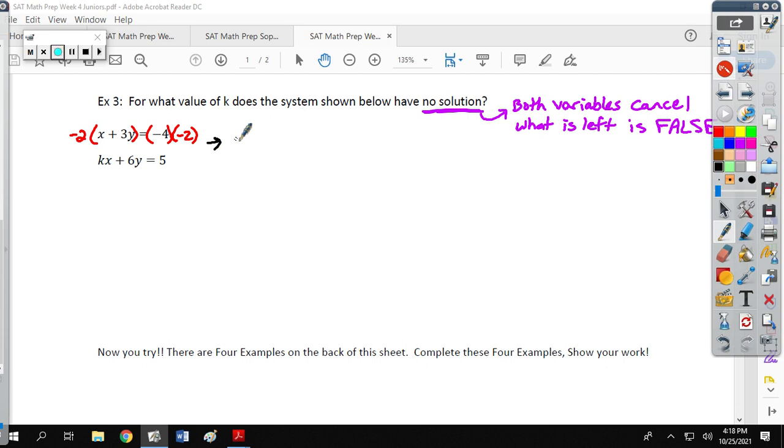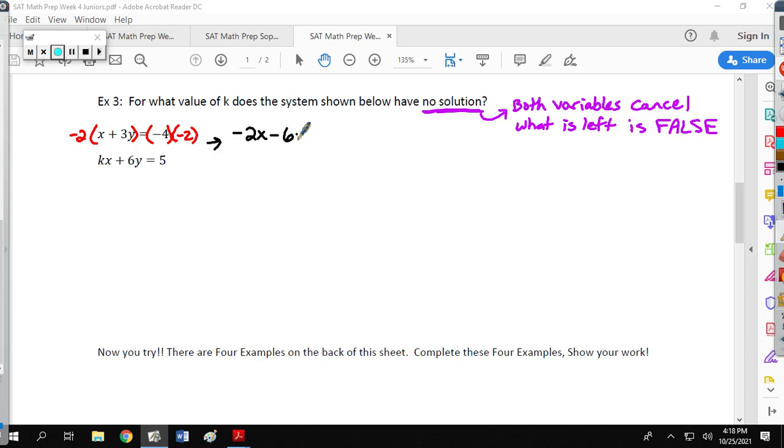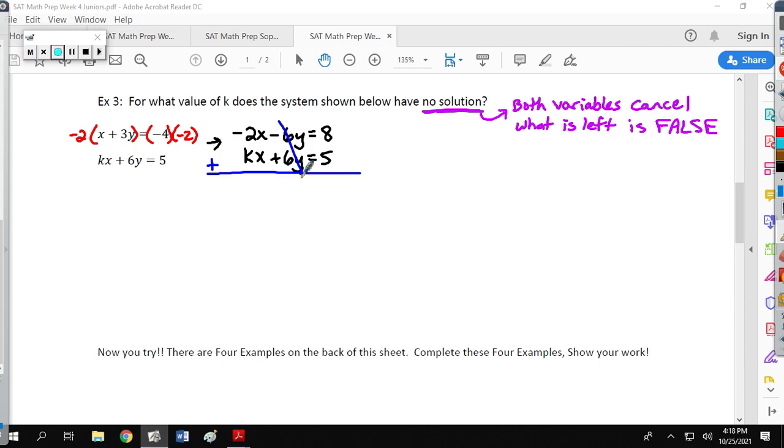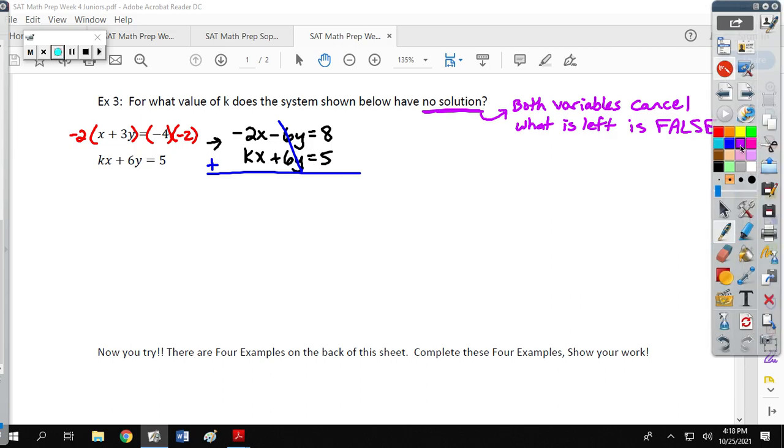I'm sitting at -2x minus 6y equals +8. The second equation is kx plus 6y equals 5. So we already know at this point that if we add these equations together, the y's are definitely going to cancel. But we also need this to cancel as well.